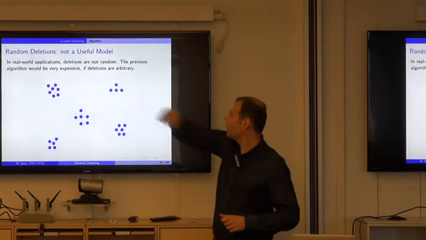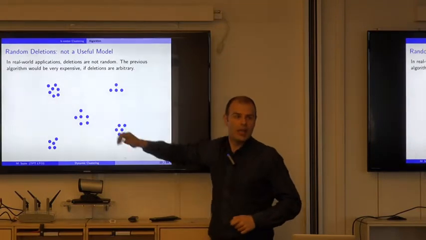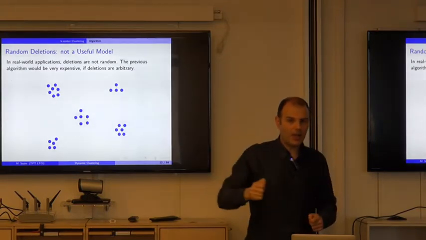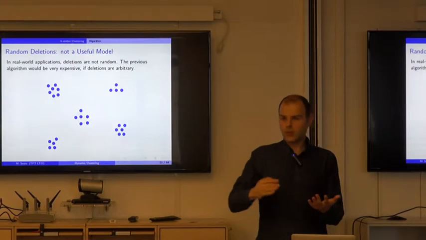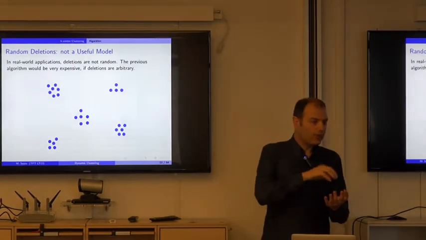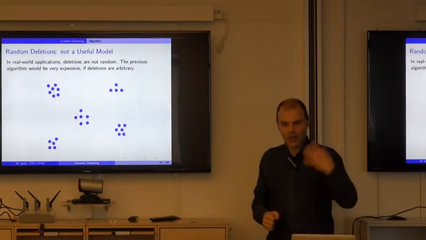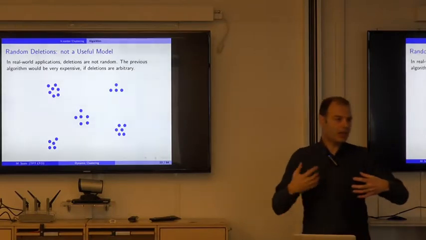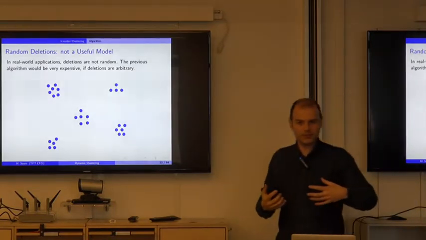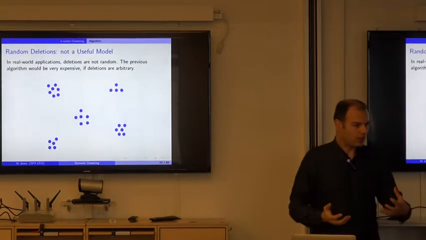I first remove all of them, then I add them back. I remove all of them, and then I add them back. This way I'm sure that every 4 points removed, I will remove at least one center. So with only 4 operations, I will have to recluster everything. In this case, our adversary will really make our life difficult. So this is why we cannot assume that we have random deletions.